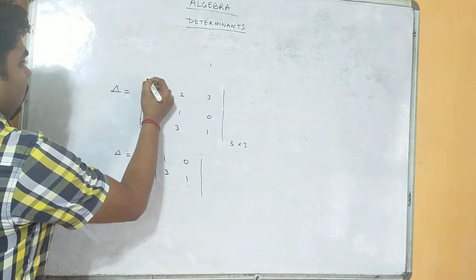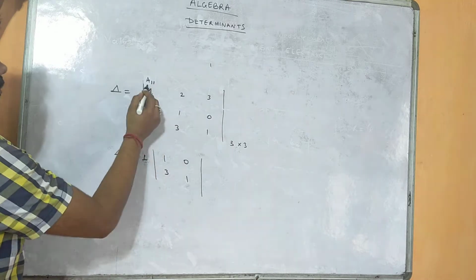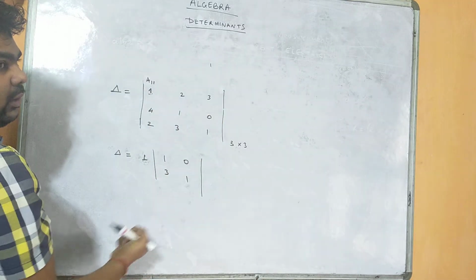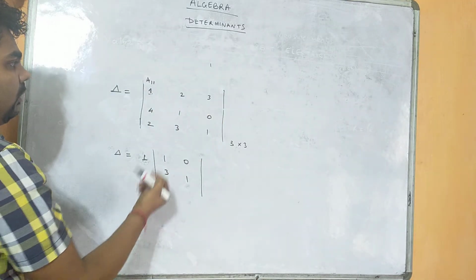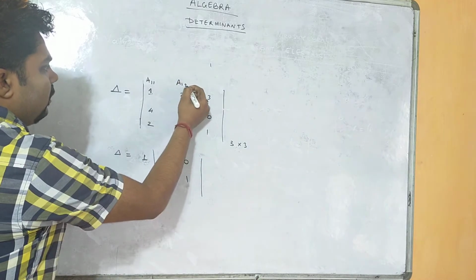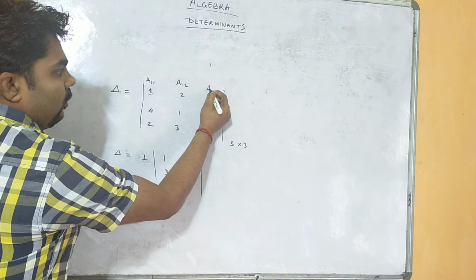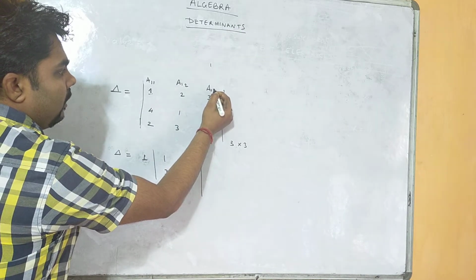What is the position of this element 1? This is A11, that means row number 1, column number 1. Similarly, this is row number 1 and column number 2. What is the position of this element 3? Row number 1, column number 3.